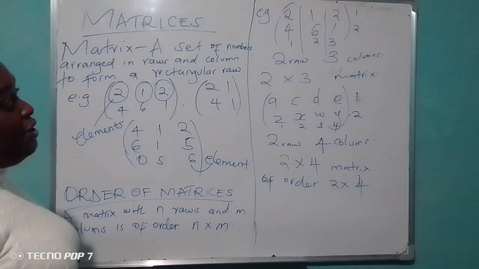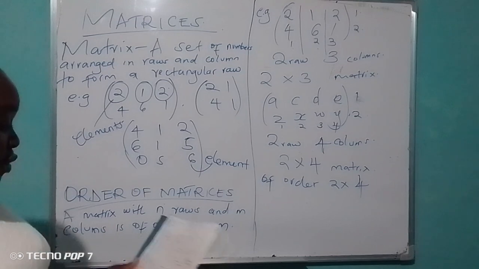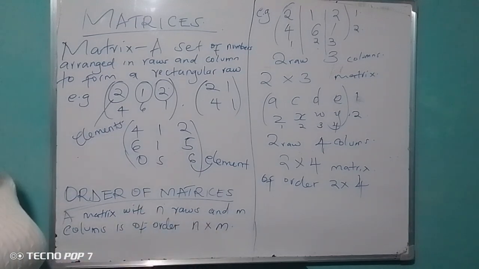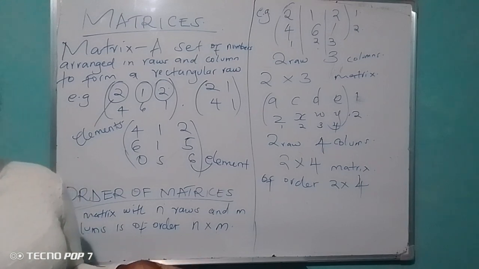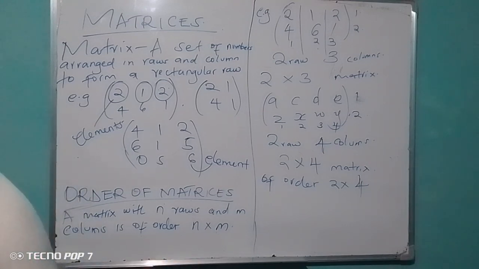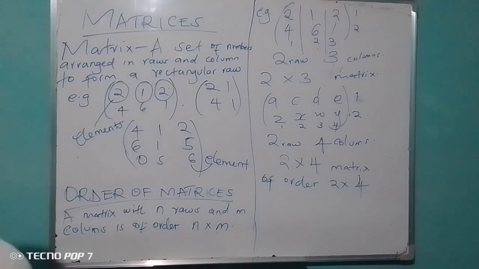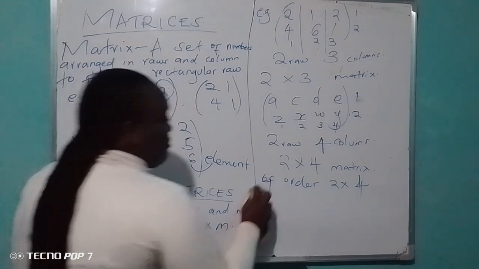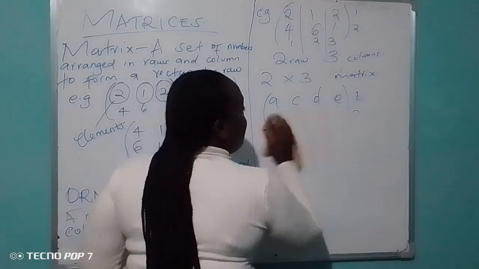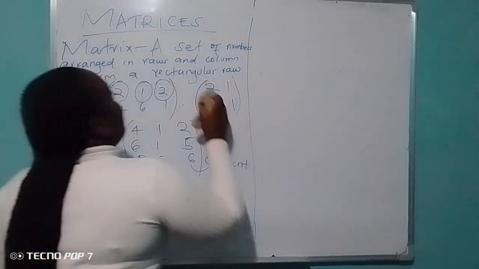Okay. So after we have known how to name our matrix, or how to give the order of a matrix, we can now find out about equal matrices. When do we say that this matrix is equal to this matrix?